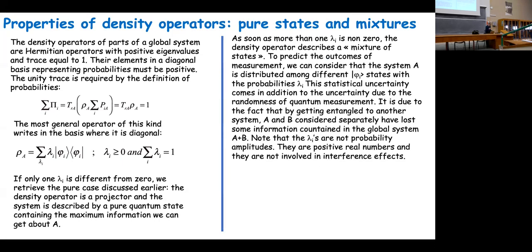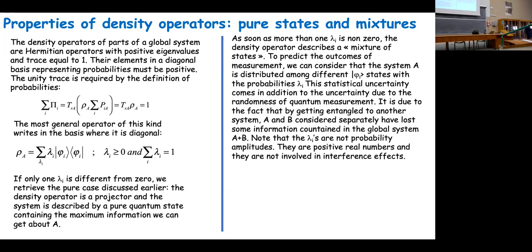I also insist on the fact that the lambda being positive numbers, you have no interference possible. The probabilities do not interfere. What interferes in quantum physics are the probability amplitudes, which are phases and which can give rise to interference effects. Here, these are just statistical probabilities. So you see that now you have two kinds of randomness in quantum physics.